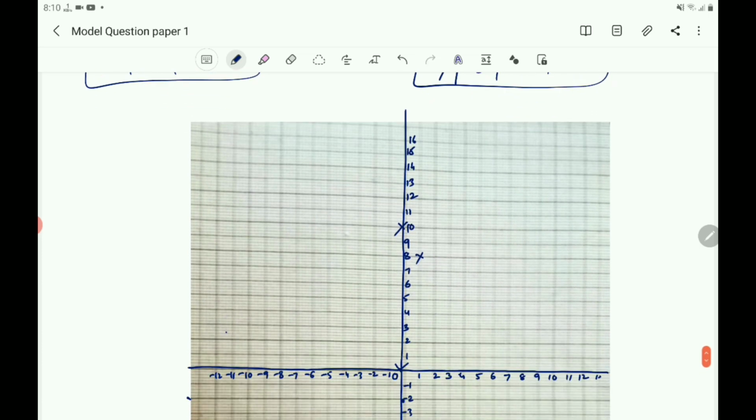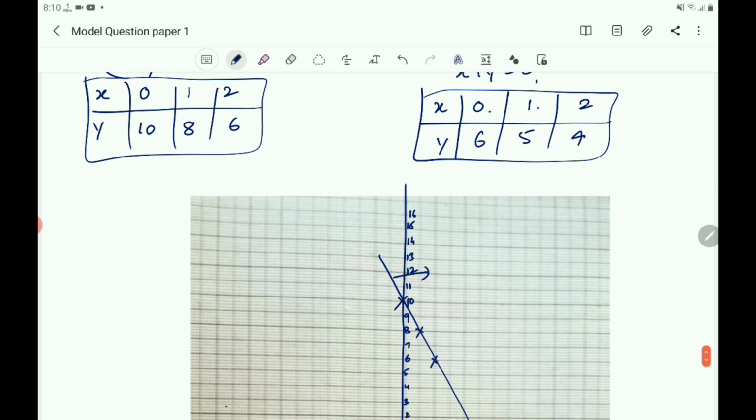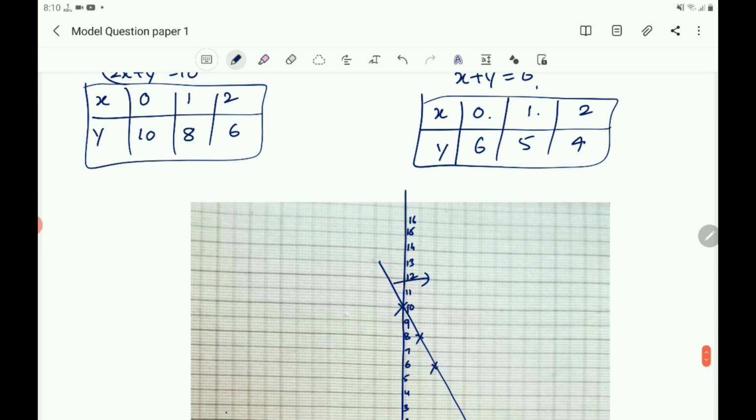Then 2, 6 comes here. Now you join these points to get the straight line. So this is the graph of 2x plus y equals 10.